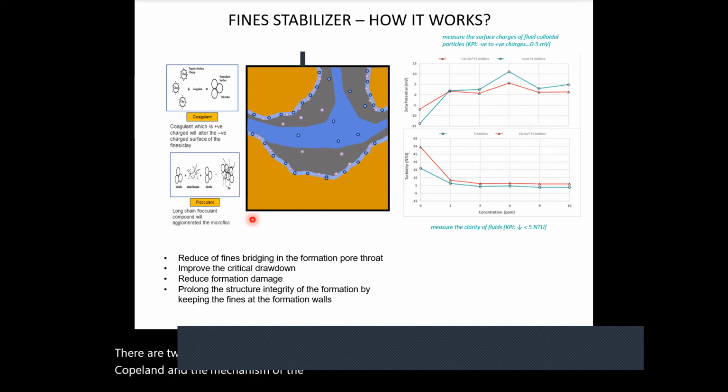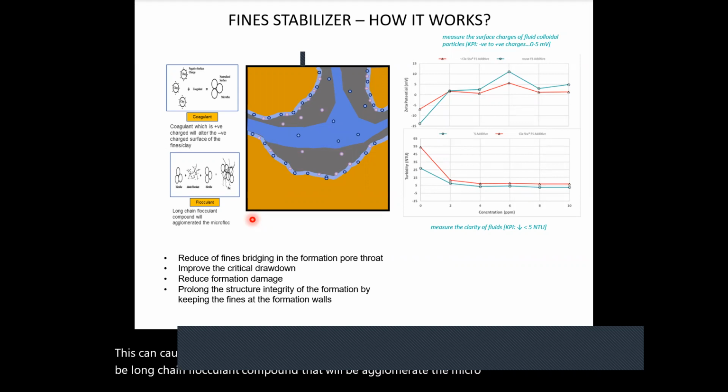In the coagulant, because this chemical has positive charges, and clay and fines have negative charges, there will be an attraction between these two, and this can cause the fine clay to adhere to the pore spaces. And we have the flocculant, a long chain compound that will agglomerate the microflocs.